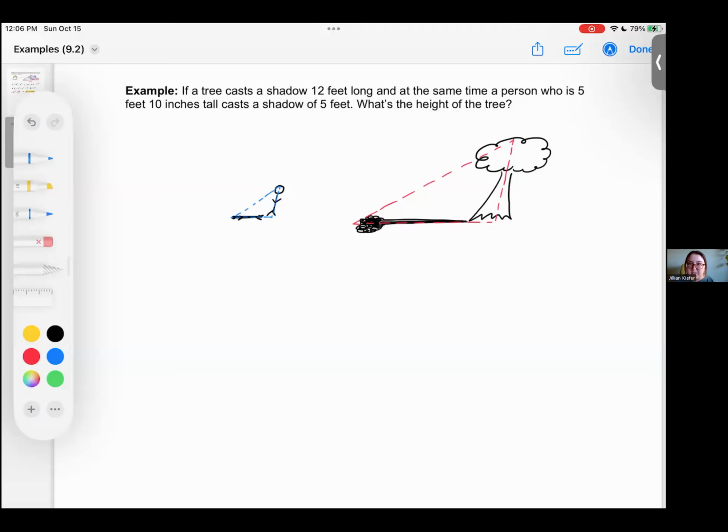So we have some information, so let's go ahead and fill in that information. We have that our person is 5 feet 10 inches and the shadow is 5 feet. So we can say that this length here is our shadow, and that's 5 feet. Then we know our person is 5 feet 10 inches tall.